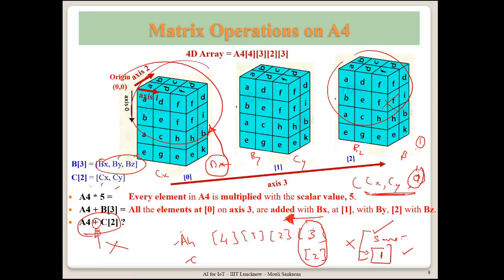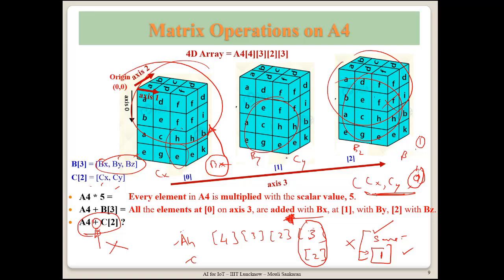If it was a normal element-wise operation, the user should have given me the same number of elements, where all these elements are bx, all these are by, and all of them are bz. Then it was an element by element operation I could have done easily.